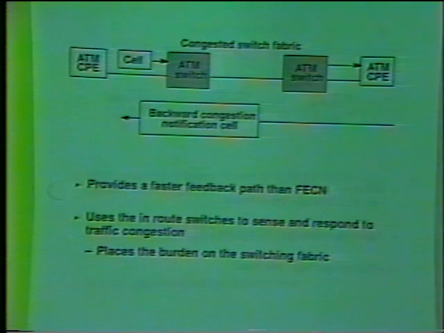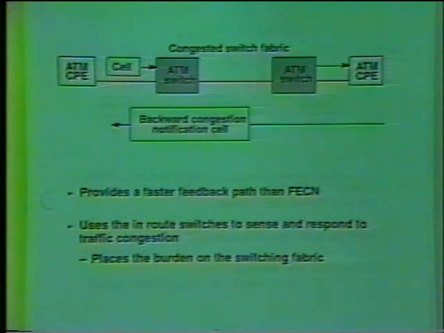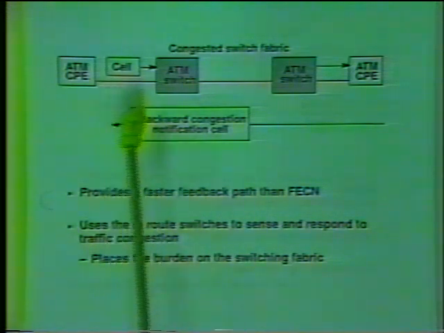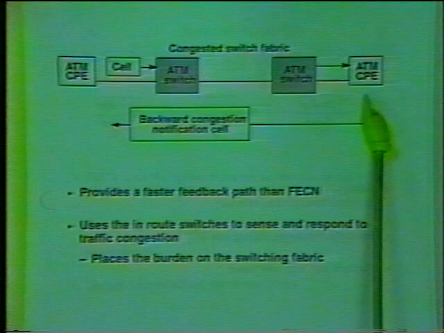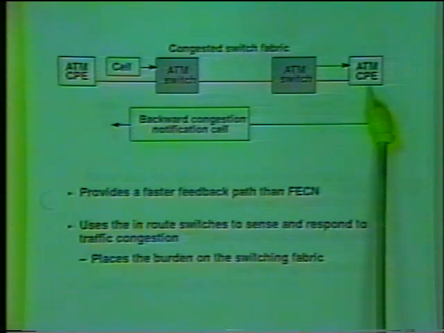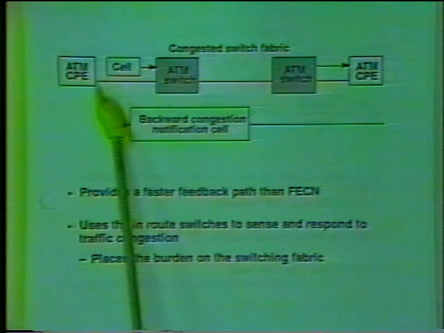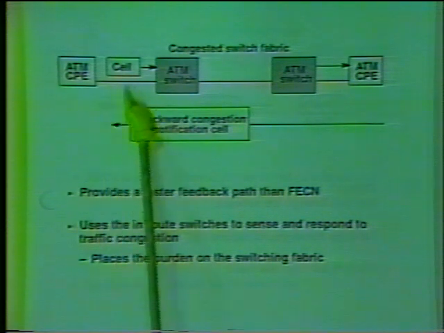Okay, the next type of congestion notification, and this is on page 13, is the backward flow control. And here we're bypassing the fact that a cell has to be transmitted all the way across. If the destination is receiving information and he's too clogged, this will be even before a source node can transmit.